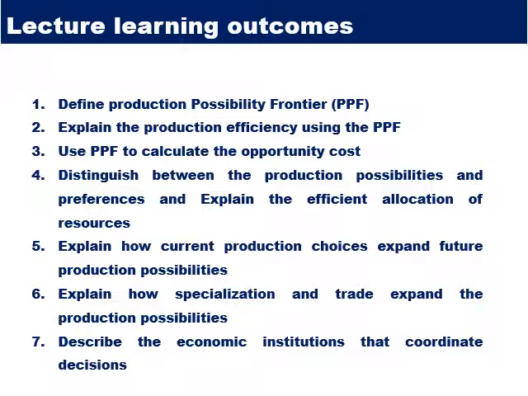The idea is that people can produce all goods and services that they need to consume, or they can produce only one good or a few goods and then trade with others. So in this lecture we will explain how specialization in producing only one good or a few goods and then exchanging these goods with others will bring more gain for the society.